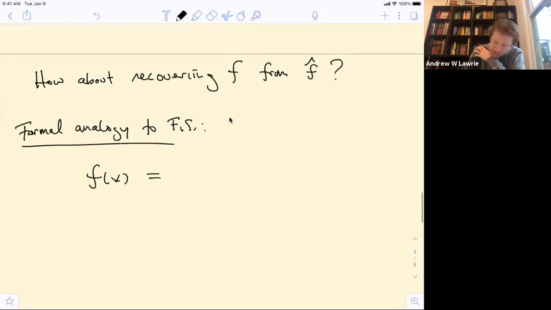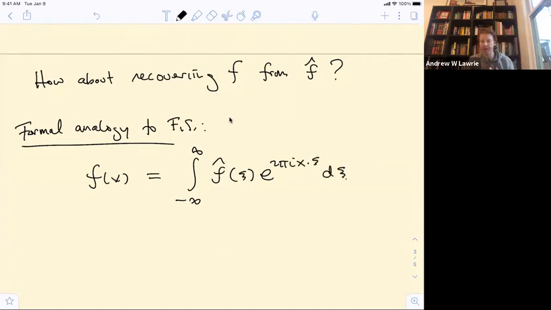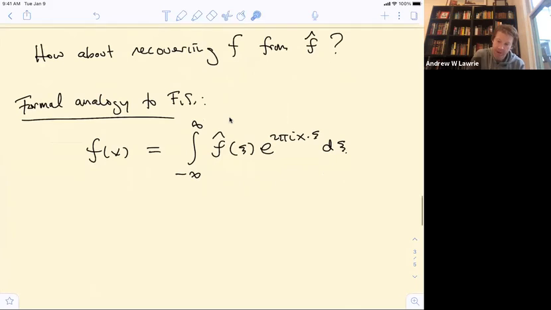But here we're in continuous land, so we integrate f hat of c times e^{2πi x·c} dc. This formal object is the direct analog of trying to write f as the sum of its Fourier coefficients times these basis elements. But for the Fourier transform, since f hat is another function, this is typically called the inversion formula.